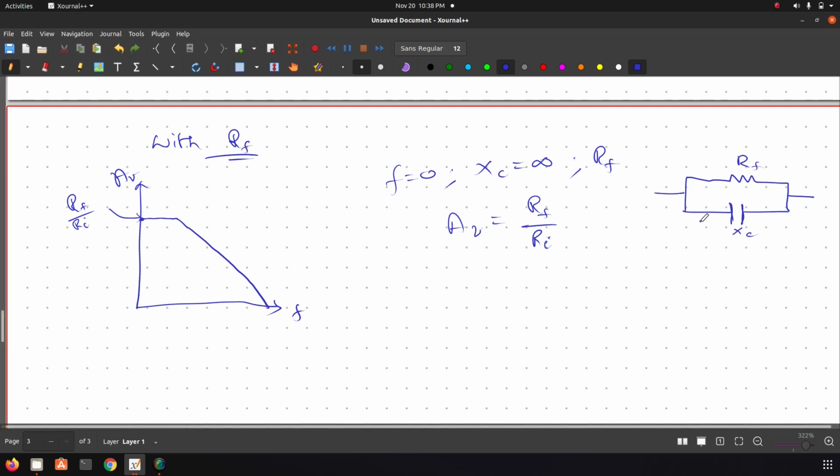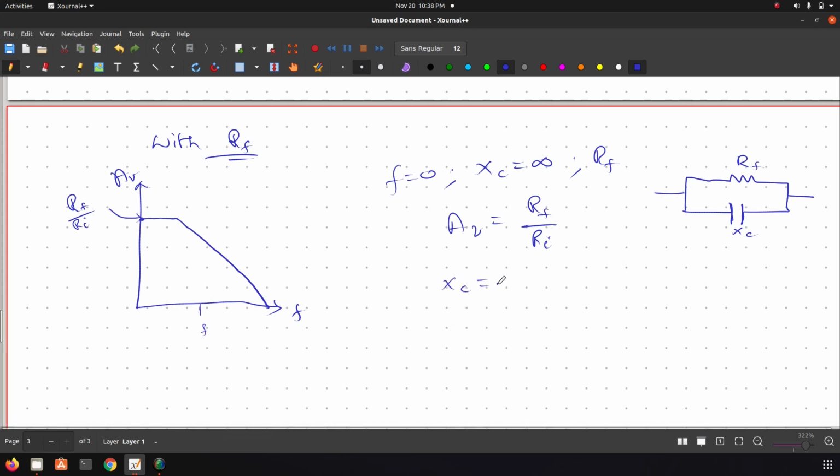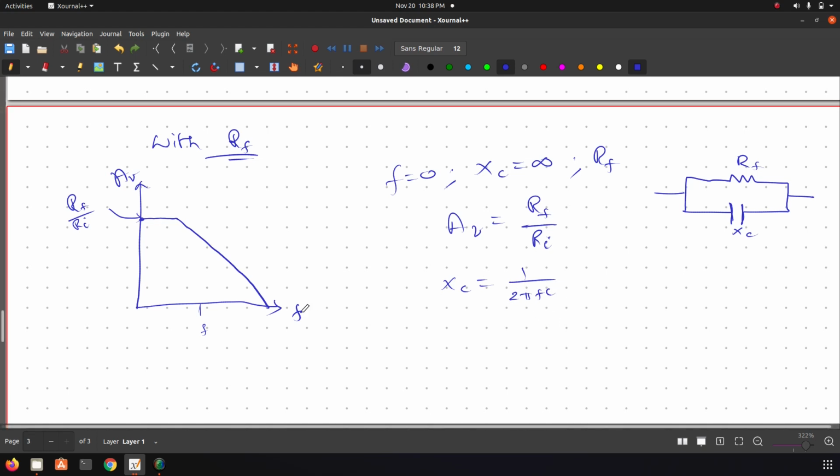There is a particular frequency F at which we know that XC equals 1 by 2 pi FC. At a particular frequency called the cutoff frequency, this XC, which is a reactance, and this feedback resistance are of equal value.